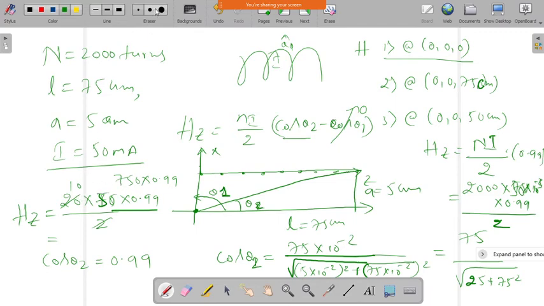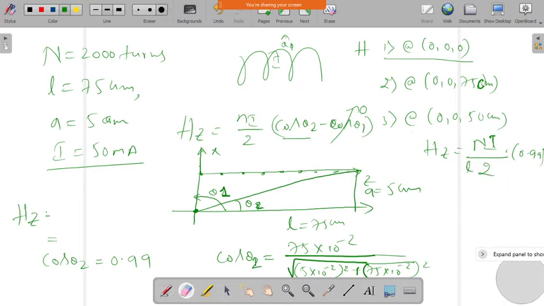So it is not nI; we have N by L into I. So nI by 2L will be equal to 2000 into 50 into 10 power minus 3 into 0.99 divided by 2 into 75 into 10 power minus 2. Sorry, this is N by L into I by 2.